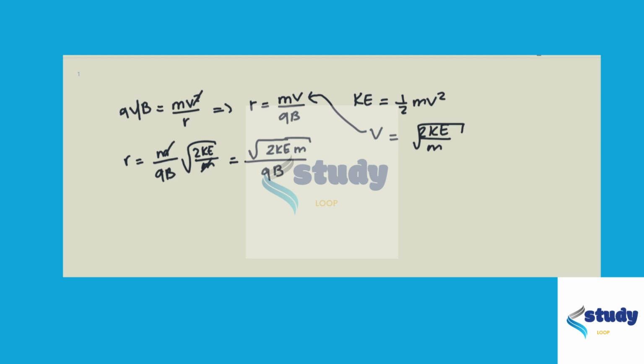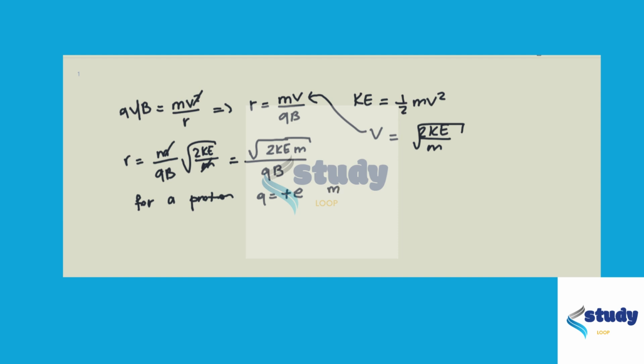Now we're going to apply this formula for a proton and for an alpha particle so that we can find the orbital radius of an alpha particle. Let's look at the differences between the two for a second. For a proton, we have the charge of plus e, right? It's 1.6 times 10 to the negative 19 coulombs.